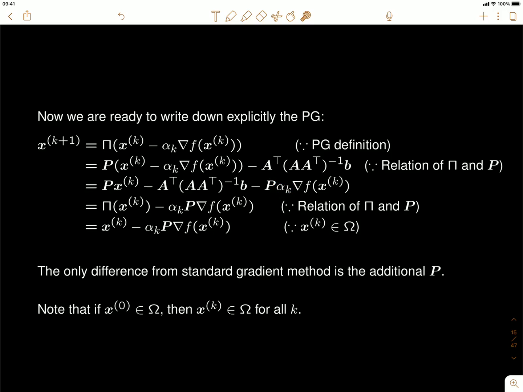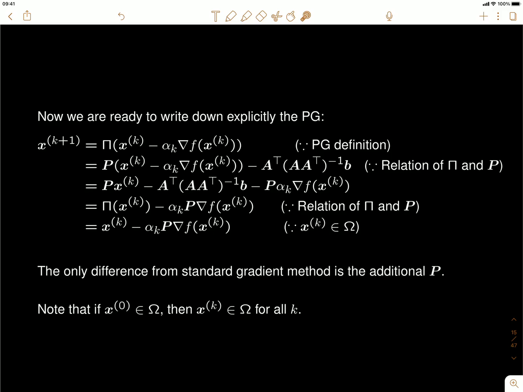And then we can combine the first term and this last term I just got from the previous line. Because P was defined to be the projection onto omega, combining gives P x k minus that. So this whole thing is just the projection of x k onto omega, and this last term is kept right here.